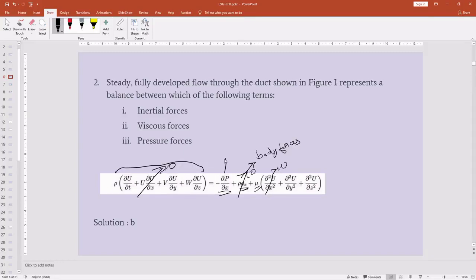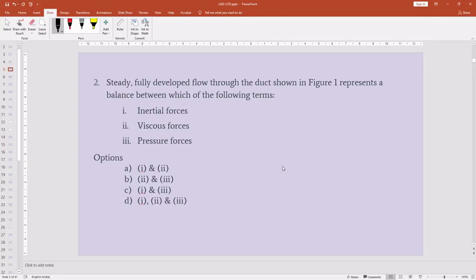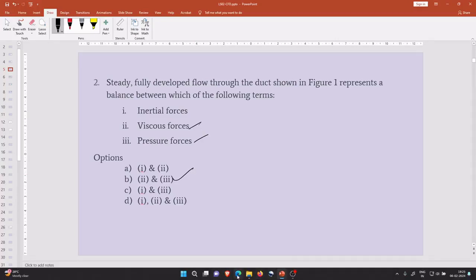So what we are left with is the pressure force, that is the third one, and this term, the viscous force. Sorry, this one is the second, and this is the third. So our option becomes 2 and 3, that is option B is the answer. The balance is created between viscous force and pressure forces. Hope everybody got it.